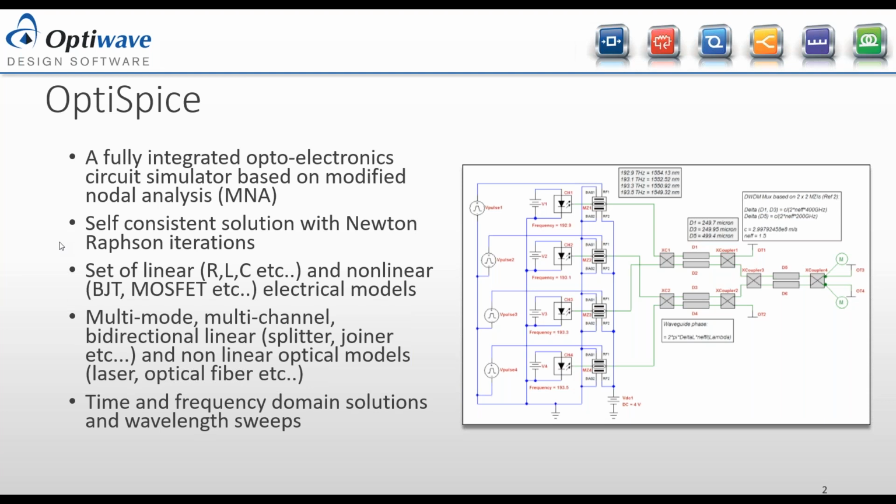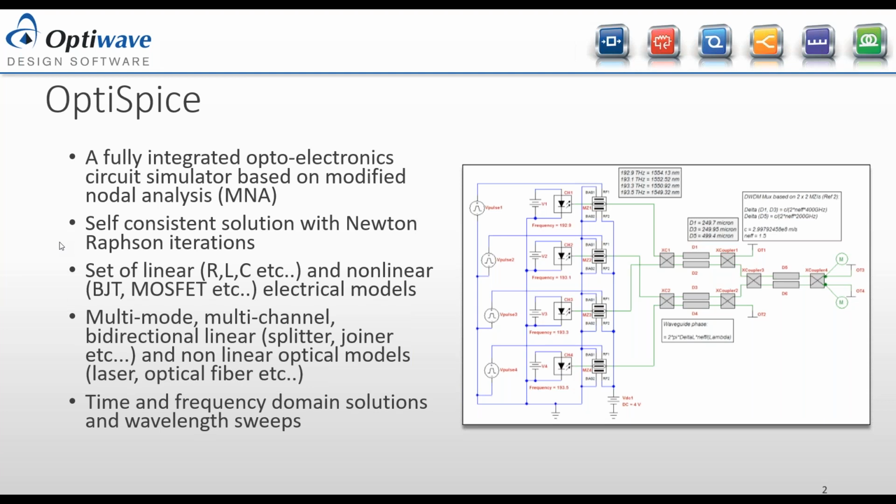It takes all the equations that describe these components and how they're related to each other and places them on a large matrix. And then it solves this large matrix one time step at a time. If you're doing a transient analysis, or if you're doing a frequency domain analysis, then it would give you a solution at a particular frequency at a time.